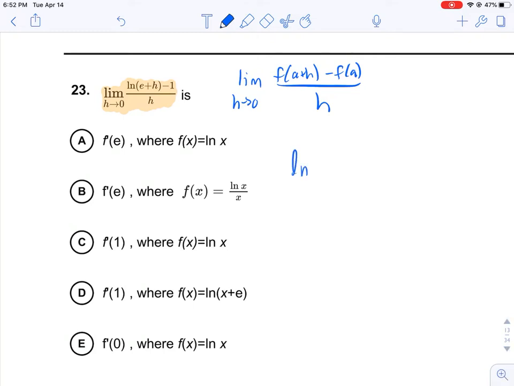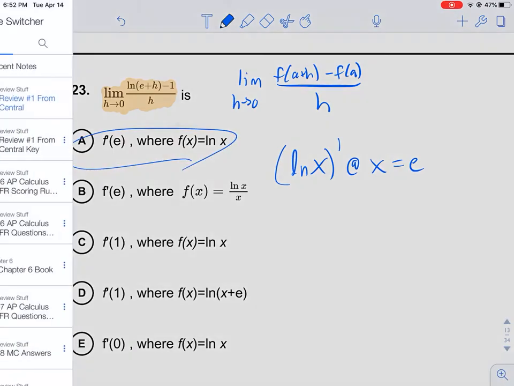So our function is natural log of x at x equals e. And so we're finding f prime of e. So this is the derivative of that function at x equals e, which is answer A.